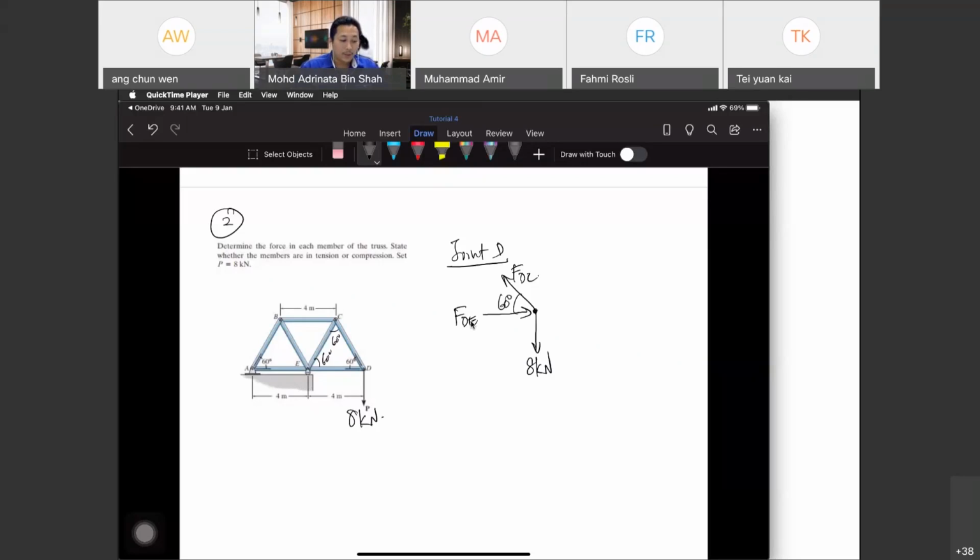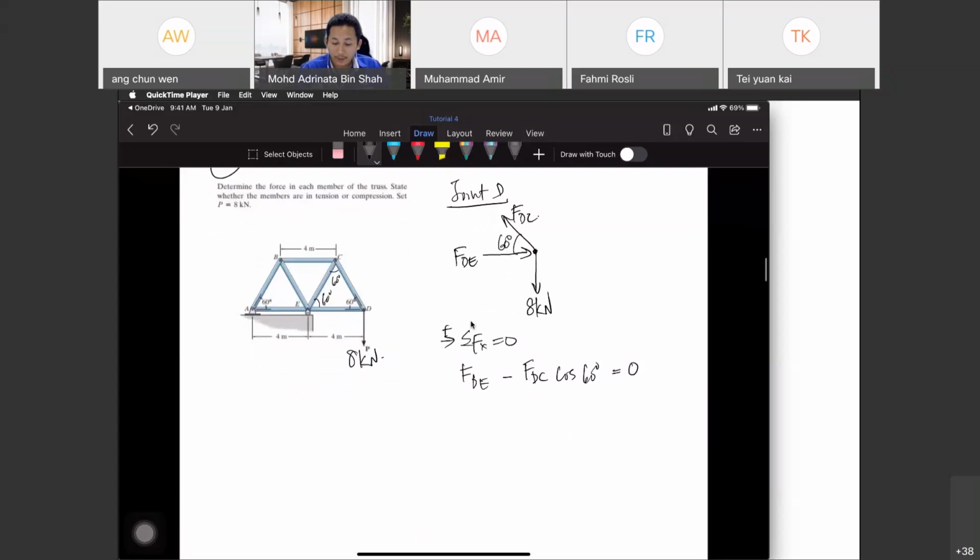Right? So we can solve the equation Fx equals to 0, positive. So we have FDE minus FDC cosine 60 degree equals to 0.